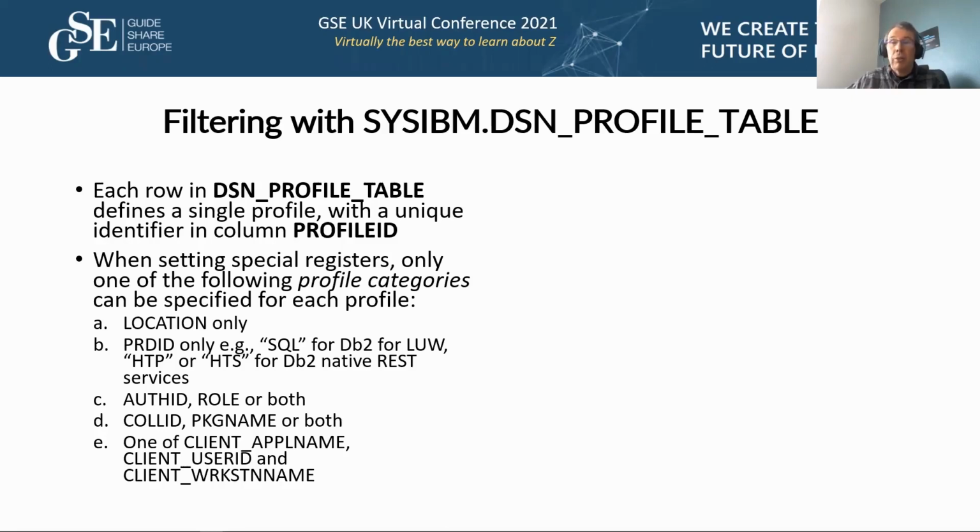value in the location column only, or a row that has a product ID value only, such as SQL for DB2 for LUW, HTTP or HTS for DB2 native REST services, P being without security, H being with, effectively HTTPS, or you can specify auth ID, role or both, call ID, package name or both, or one of client application name, client user ID, and client workstation name.